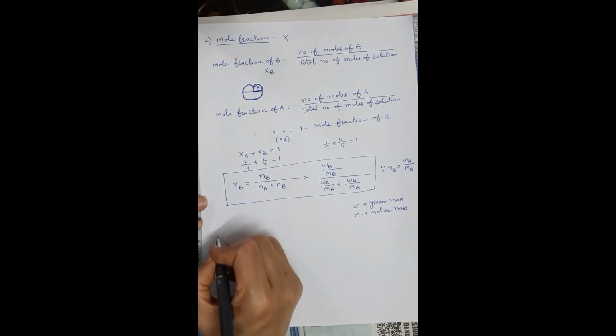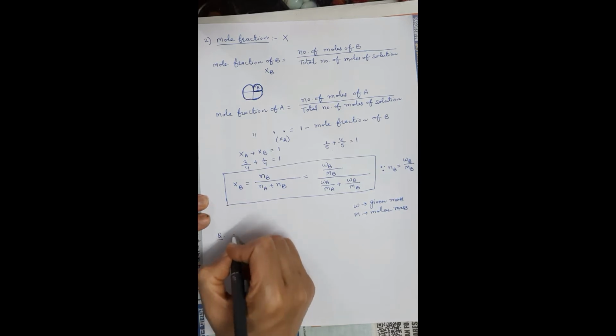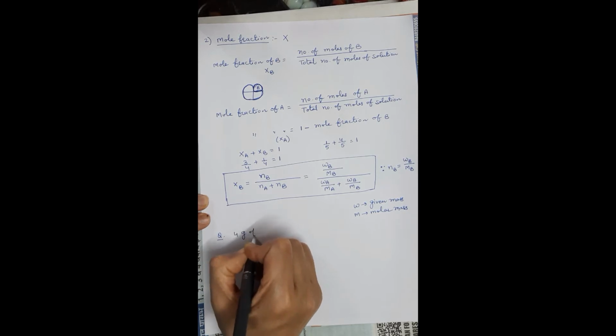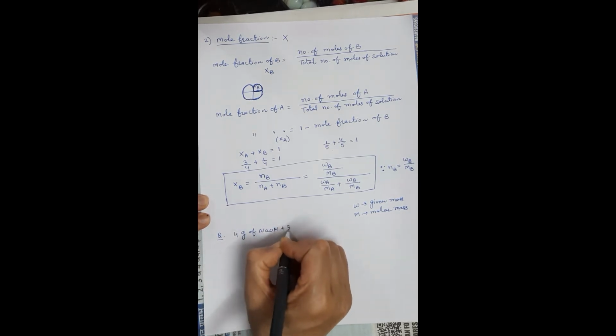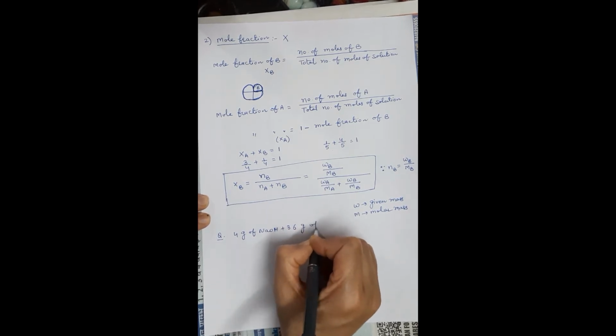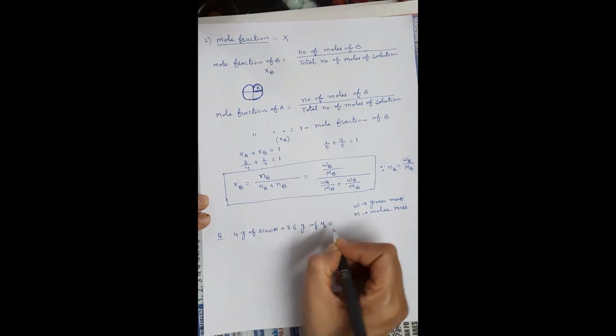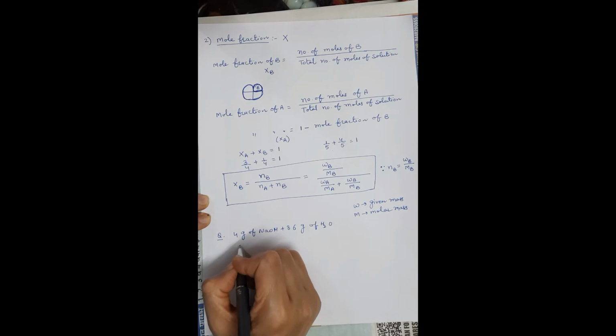Let's discuss a numerical. The question says 4 grams of NaOH is dissolved in 36 grams of water, and we need to find the mole fraction of each component.